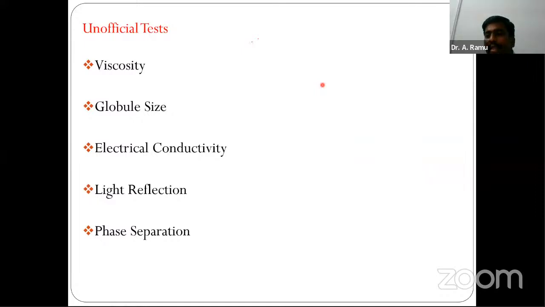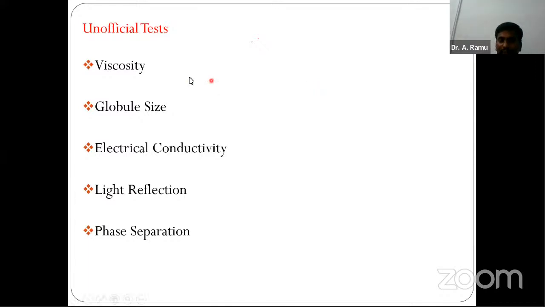The evaluation tests for emulsions are, like suspensions, appearance, color, odor, and taste of orally administered emulsions. Whether the appearance is uniform, and whether the color, odor, and taste are the same as the reference standard has to be checked, because any changes in these qualities indicate that the emulsion is not physically stable.